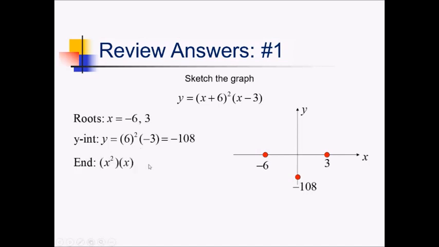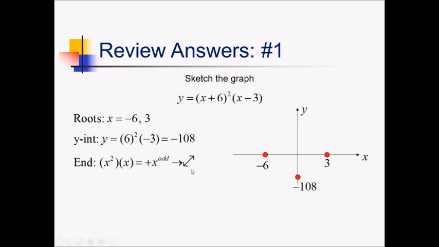Now, in general, this is a positive x to an odd power. So if you have a positive x to an odd power, this is going to behave basically like a line with an upward slope in terms of its end behavior. So kind of like the graph of y equals x, like this line right here. This means we're going to be starting below the x-axis and ending above it.